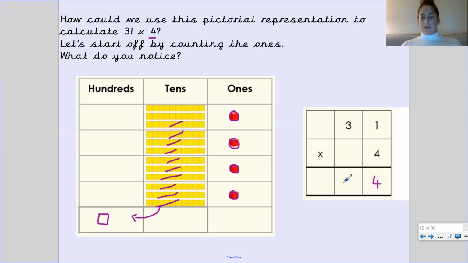So I'm going to keep 2 of these tens in the tens column. And what have I done with the 10 tens that I've exchanged? I've exchanged it into the hundreds column. So I have got 1 hundred, 2 tens and 4 ones. So 31 times 4 equals 124.